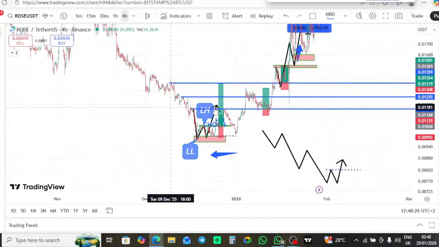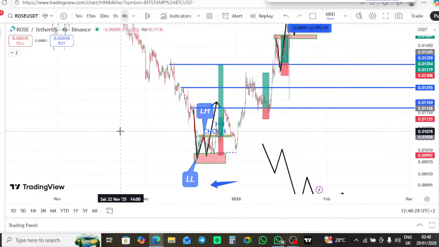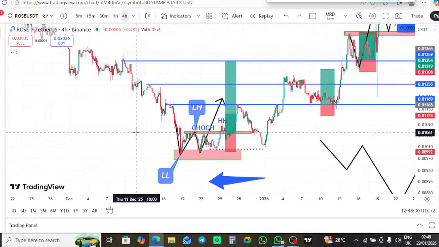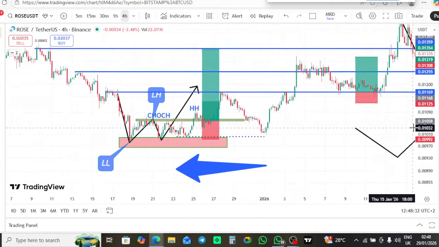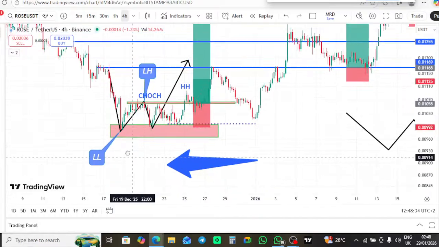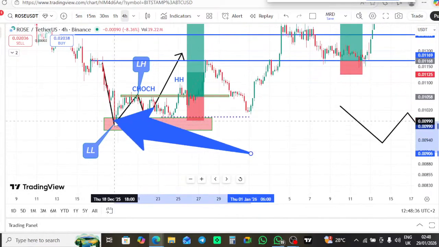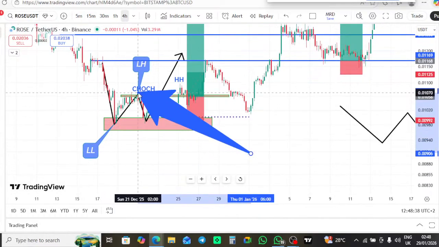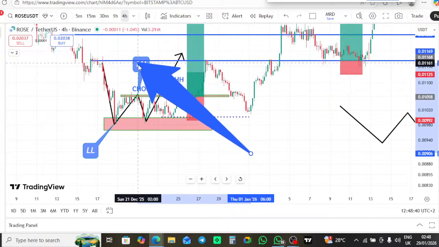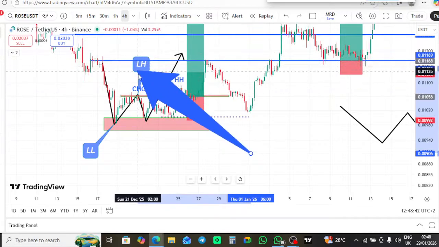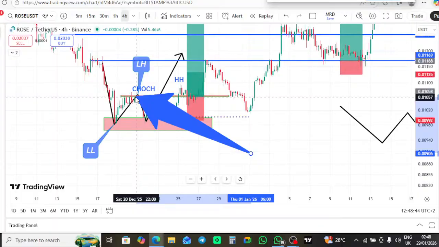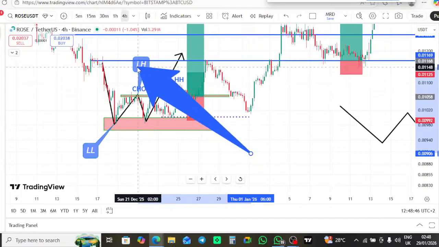So when you observe down here, this was the lower low. This was the point for lower high. Are we together? This point here was the lower high.